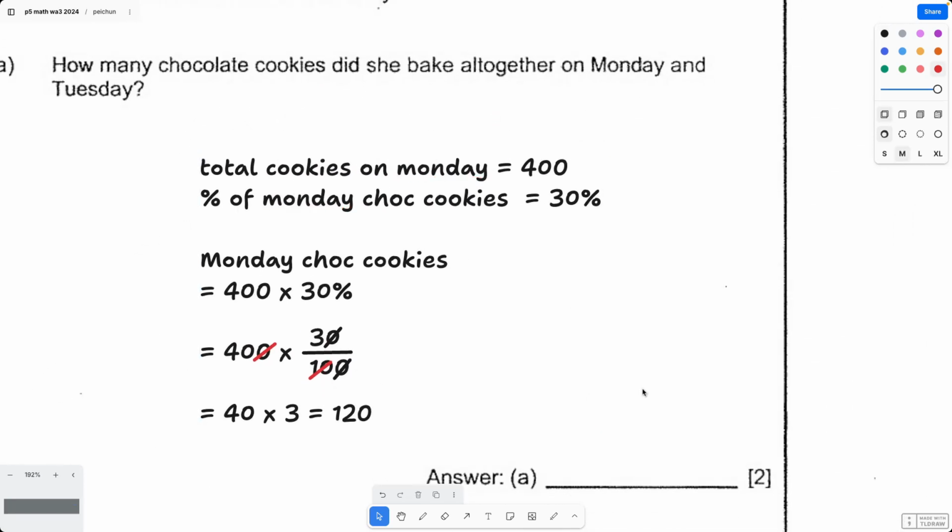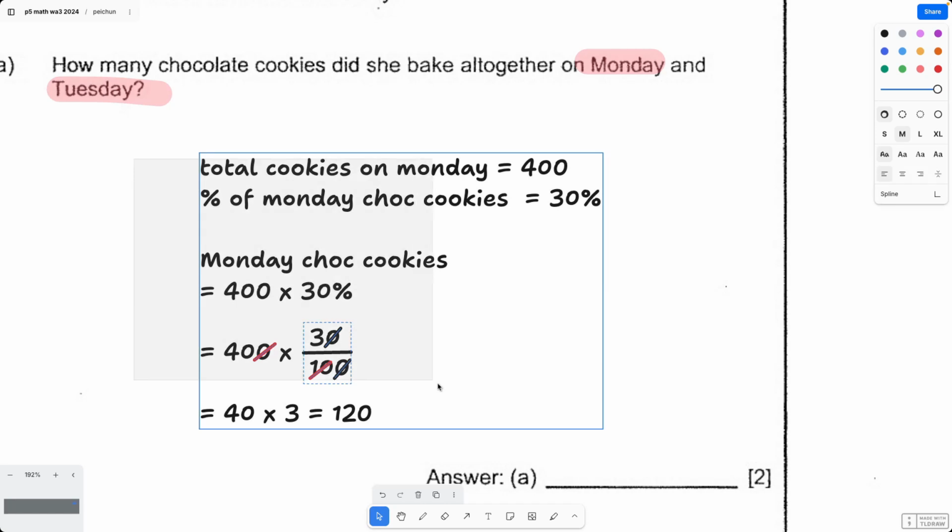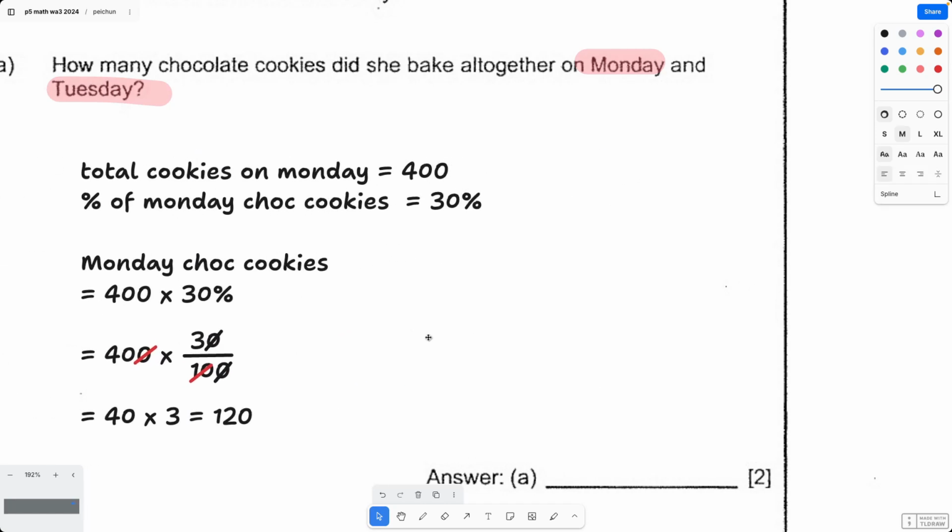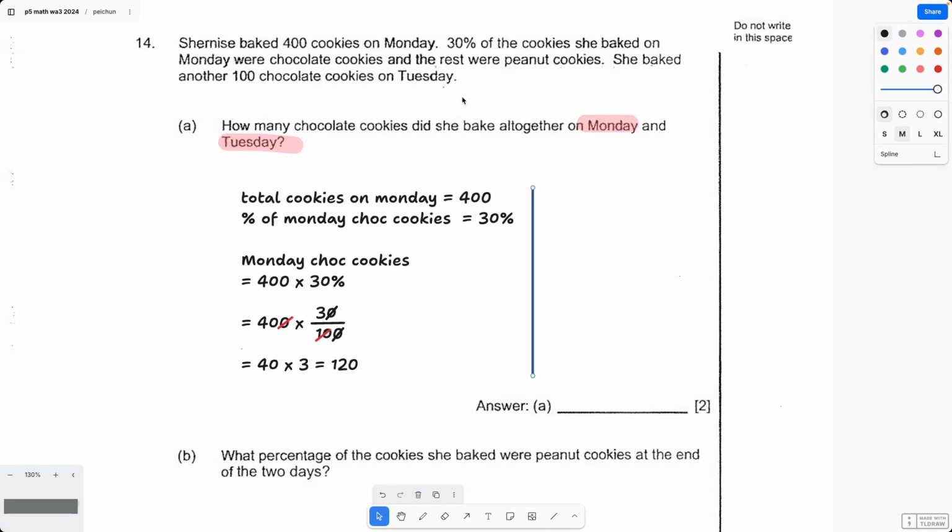So you might be thinking, oh, the answer is 120. No. We are looking for Monday and Tuesday. Ooh, it's red. Nice. Okay, so Monday and Tuesday, right? So that means we know that there is Monday chocolate chip cookies. Next, we want to get a total from Tuesday as well. Tuesday, we also have 100 chocolate chip cookies.